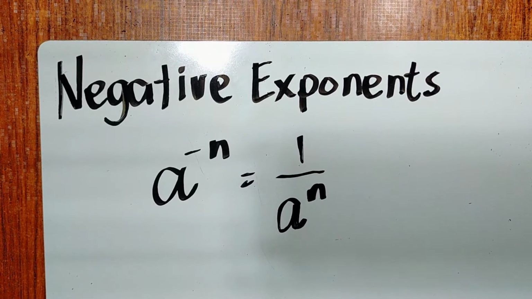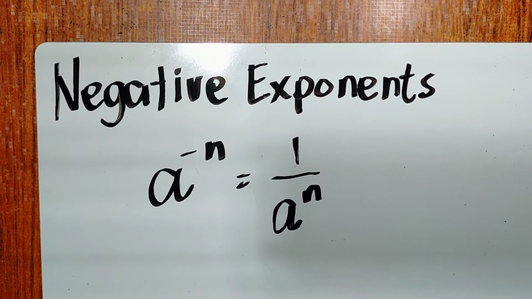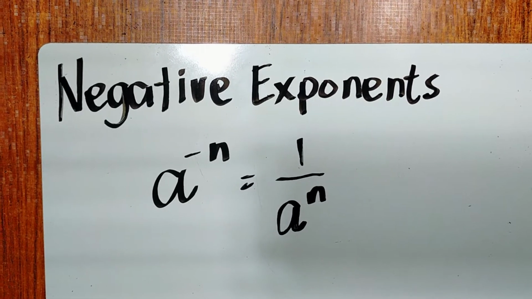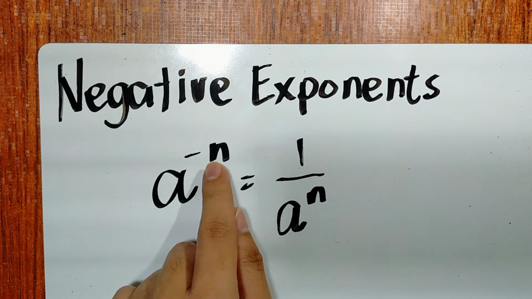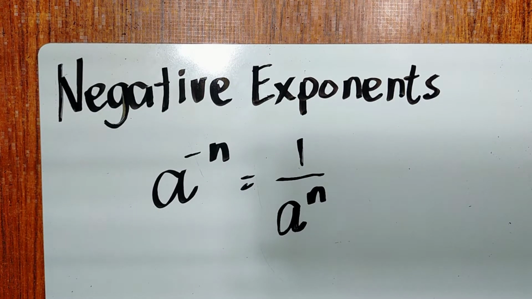Okay, so another lesson that we have is negative exponents. So, paano ba tayo makikipag-deal with negative exponents? Okay, so ganito lang po yun. Given natin, if n is a positive integer and if a is a non-zero real number, then a raised to negative n is equal to 1 over a raised to n.